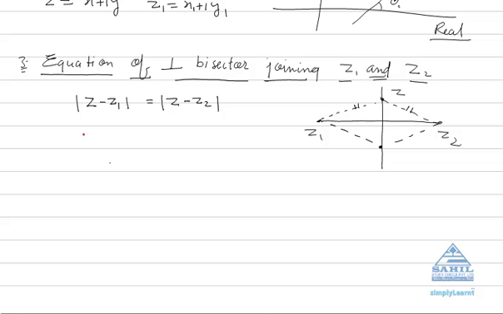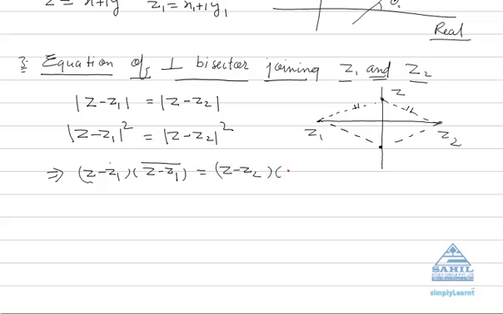Otherwise, you can square both sides. It is modulus of z minus z1 whole square equals modulus of z minus z2 whole square. What do you mean by this? It is (z minus z1)(z minus z1 whole bar) equals (z minus z2)(z minus z2 whole bar). You can easily simplify that.